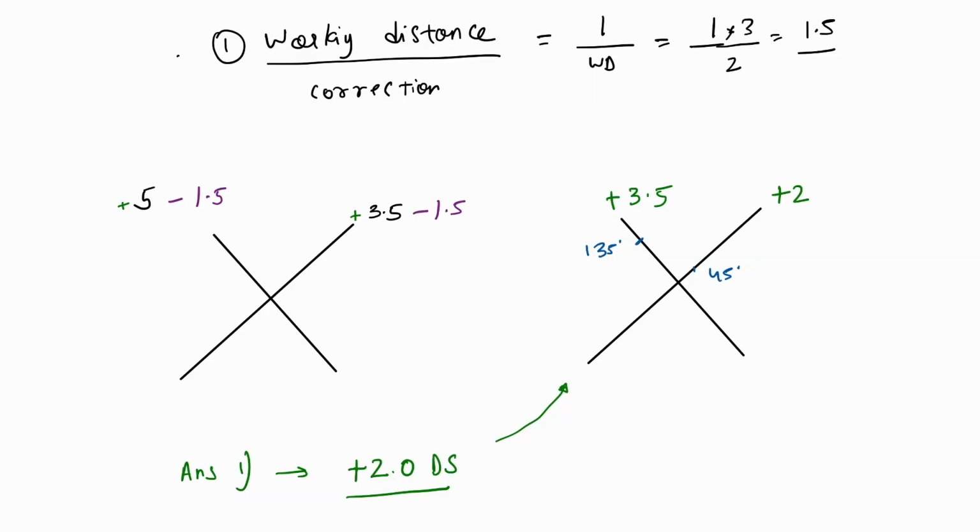Making our cross first, and first is the working distance correction. We know the formula 1 by working distance. So 2 by third, we need to subtract 1.5. So in both axes, we subtract 1.5, 1.5. Our net value is plus 3.5 at 135 and plus 2 at 45 degree. The question asks power to neutralize at 45 degree, so it is plus 2 diopter.